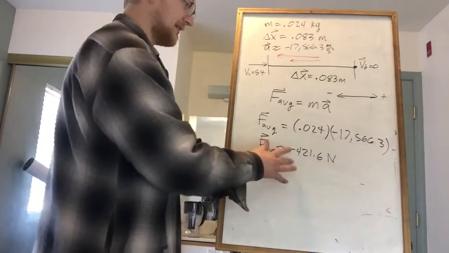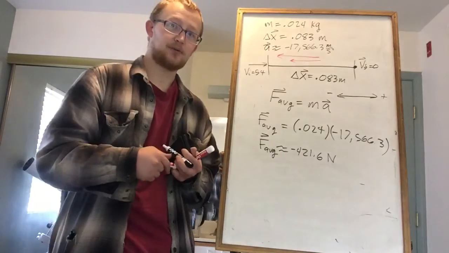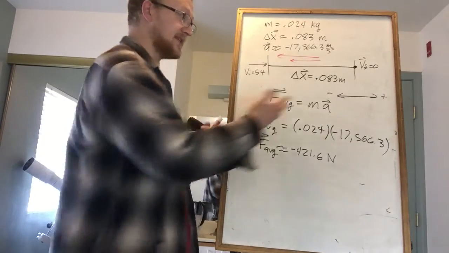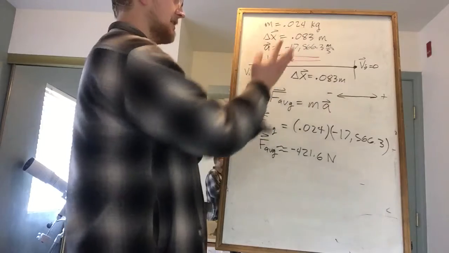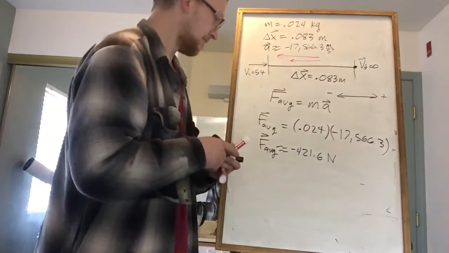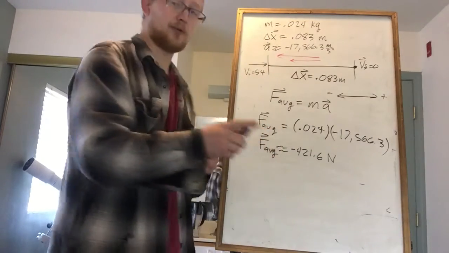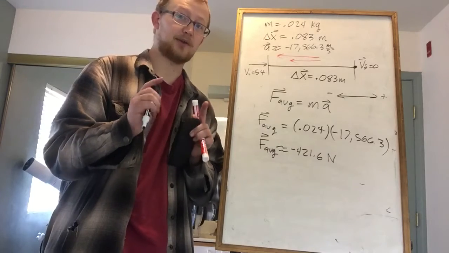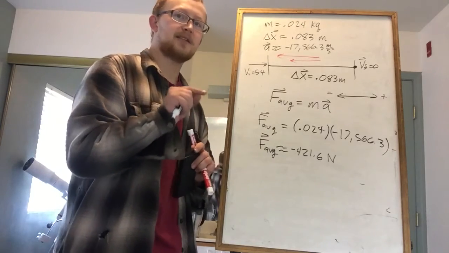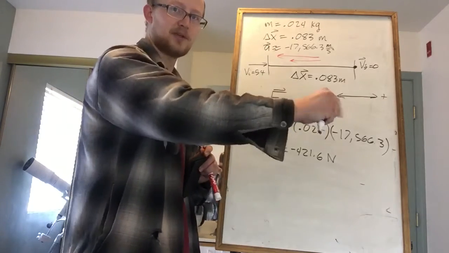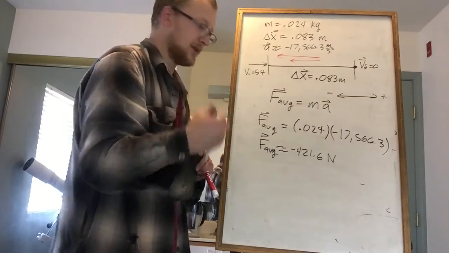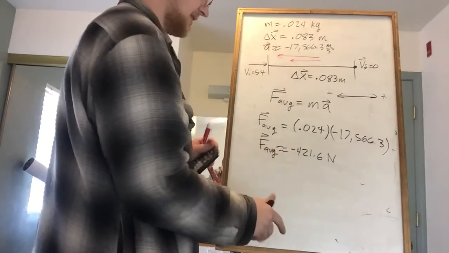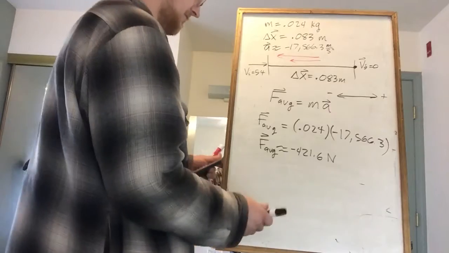Now, don't think that this is not a real force. Just like deceleration, it's a valid part of acceleration. Likewise, a negative force, it's not telling you that you can produce a negative force. All it's telling you is you could produce this force in this direction. So just think of the negative as an orienting factor.